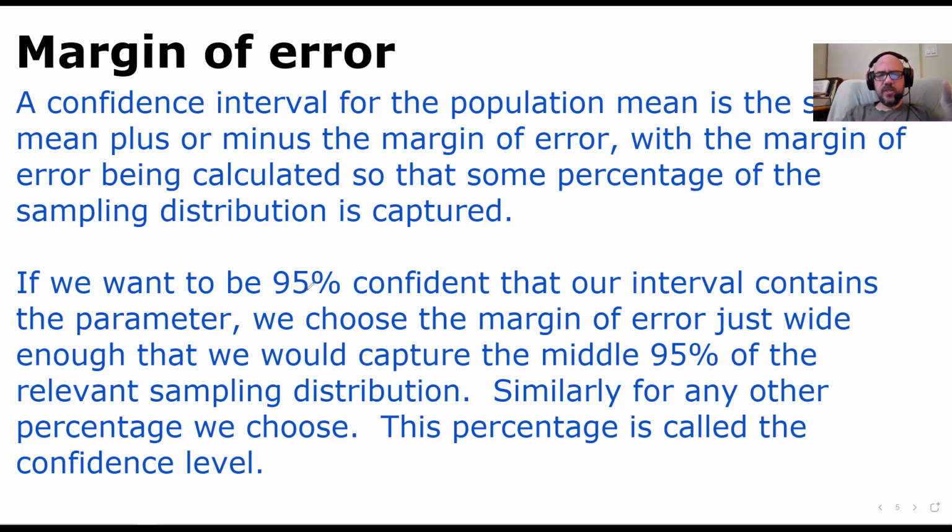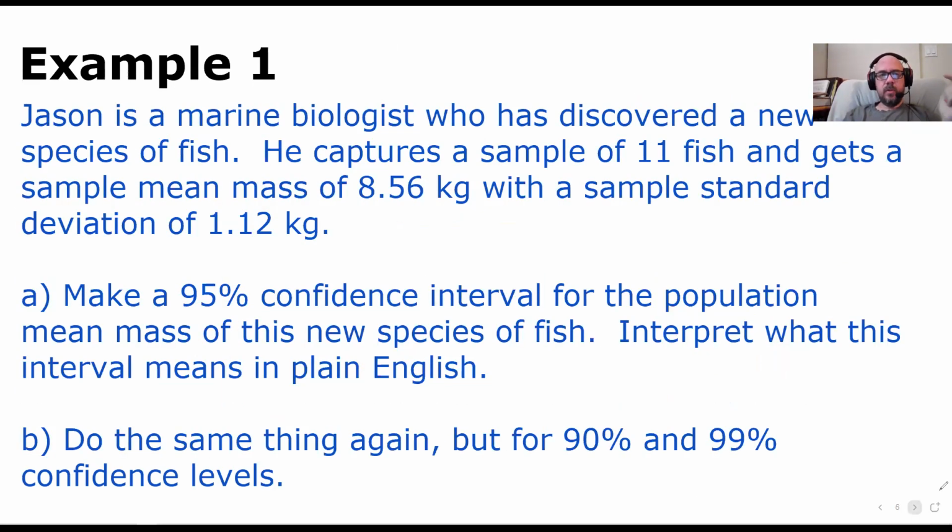So if we want to be 95% confident, we choose the margin of error wide enough that we would capture the middle 95% of the relevant sampling distribution, for the reason I just said rather awkwardly on the last board. And we can make that number whatever we want by just changing the amount of area that we're looking for with our inverse norm or inverse t function. And that percentage is called the confidence level.